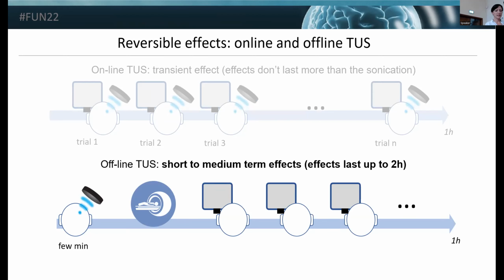So one thing that you might hypothesize is that perhaps you're going to see a change locally where you are neuromodulating, for example, a change in BOLD. Another thing that you might expect to see is a different relationship between the sonicated region and the rest of the brain, so if the person is at rest, a change in the resting state connectivity.